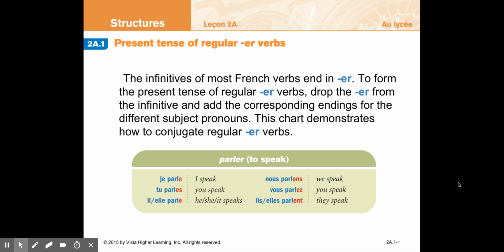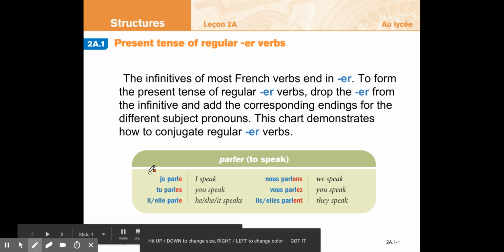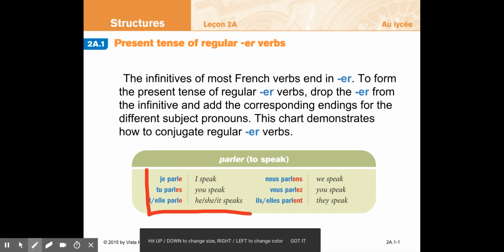So when you add those on, the way that you're going to say those verbs is going to be je parle, tu parles, il parle, elle parle, nous parlons, vous parlez, il parle, elle parle. So just to note, pay attention to the fact that these four subjects all sound the same.